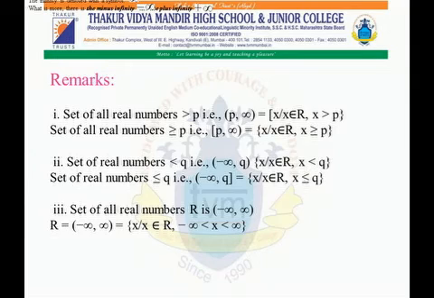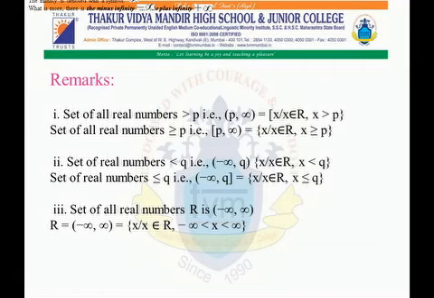Now second point, set of real numbers less than q, that means it will go to minus infinity. So minus infinity to q. Here we have used open interval, because the sign given is less than.